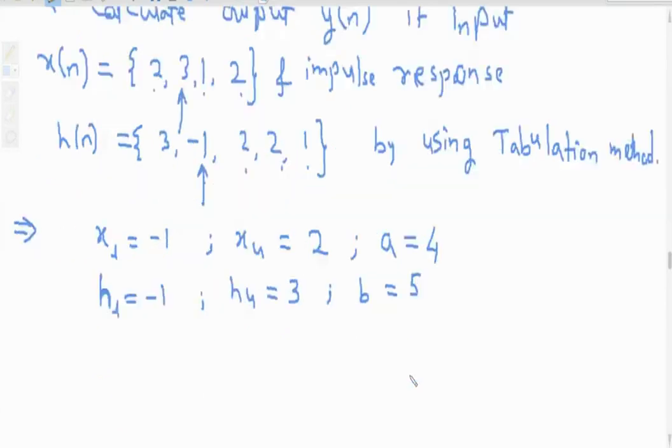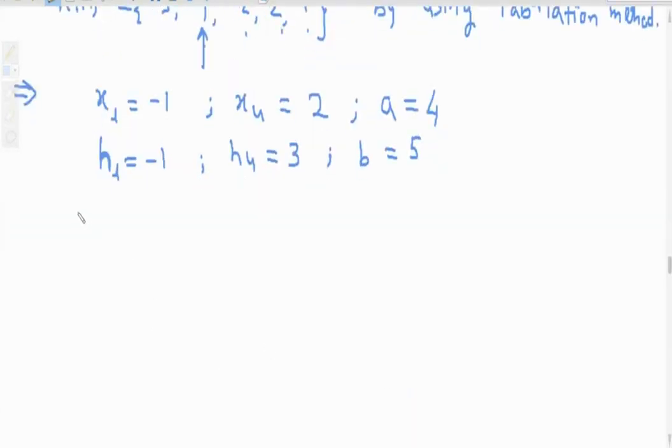Then calculate the lower limit of y of n. So yl equal to xl plus hl. Minus 1 plus minus 1, so the lower limit of y of n is minus 2.